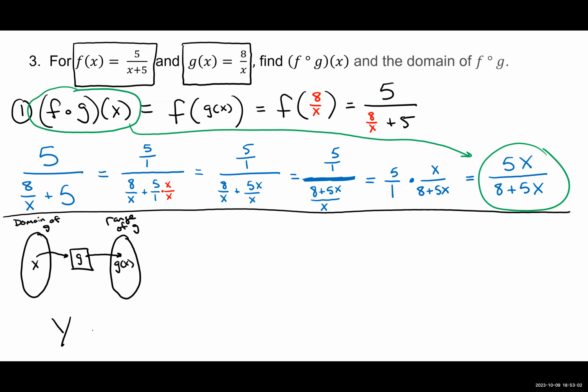Right, so y is the same as f of x or g of x or whatever you call it, the function values, the y values. Call them f of x, g of x, or h of x, whatever the name of that function is. So I'm not going to put a y here, I'm going to put a g of x. Okay, so then now that output goes into the next function. So that's f of g of x.